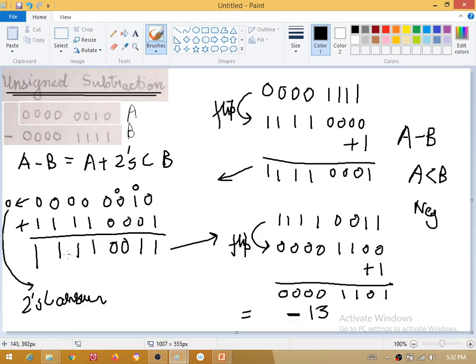Hence whatever answer we got through our actual process, we have to take the 2's complement of that number, and in front of that I need to put an artificial negative sign. So now what do I have? A's value was actually 2, b's value was 15. If I do 2 minus 15, I am going to get a minus 13. But remember, minus 13 cannot be displayed in unsigned representation. Hence I need to artificially come up with my answer.